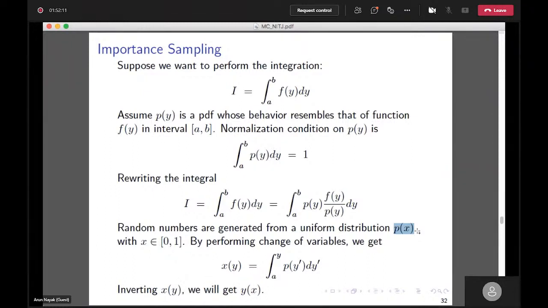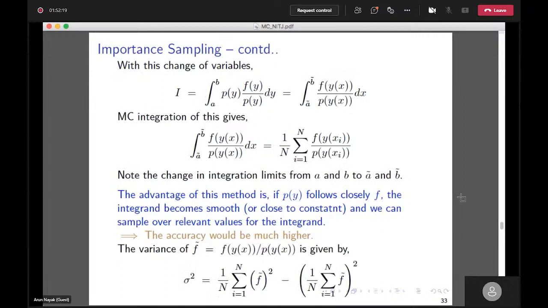So we can write p of y dy as p of x dx, while y depends on x, and p of x is 1. Here what we replaced is p of y dy by p of x dx, and p of x is 1.